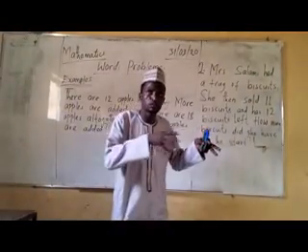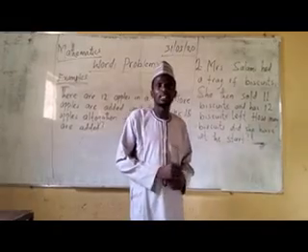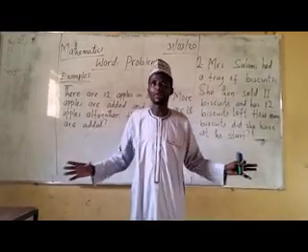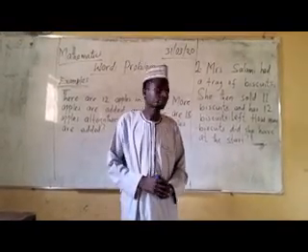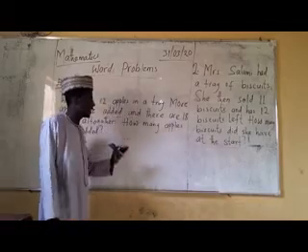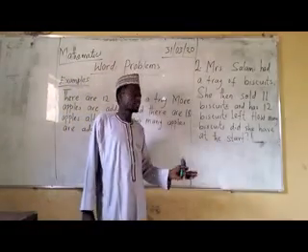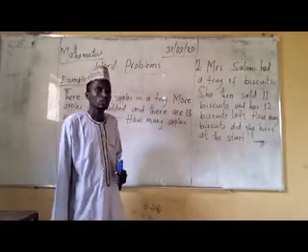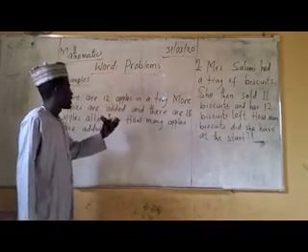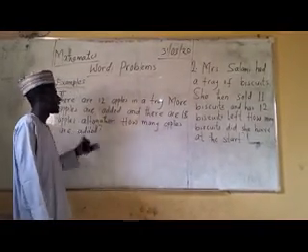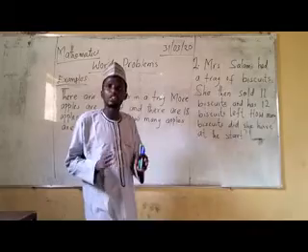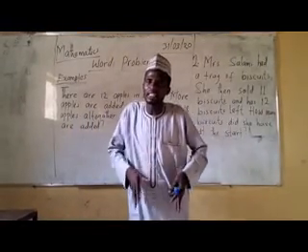So more apples were added in the tray. We don't know the number of apples. And the total number of apples is 18. How many apples are added? So here we want to know the number of apples added in the tray.